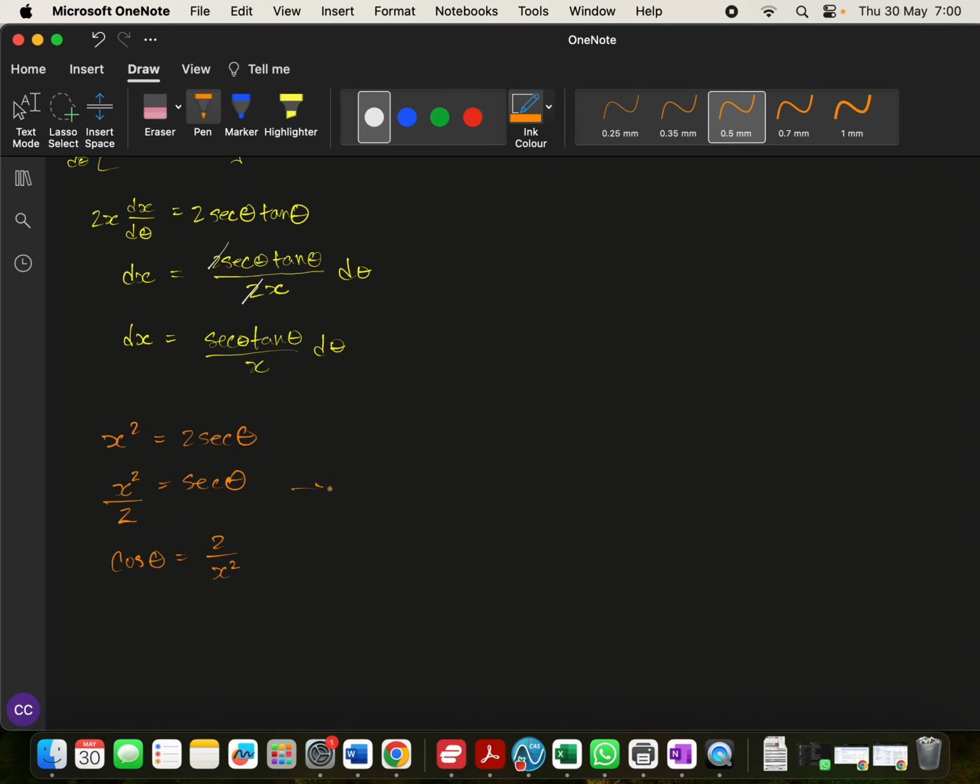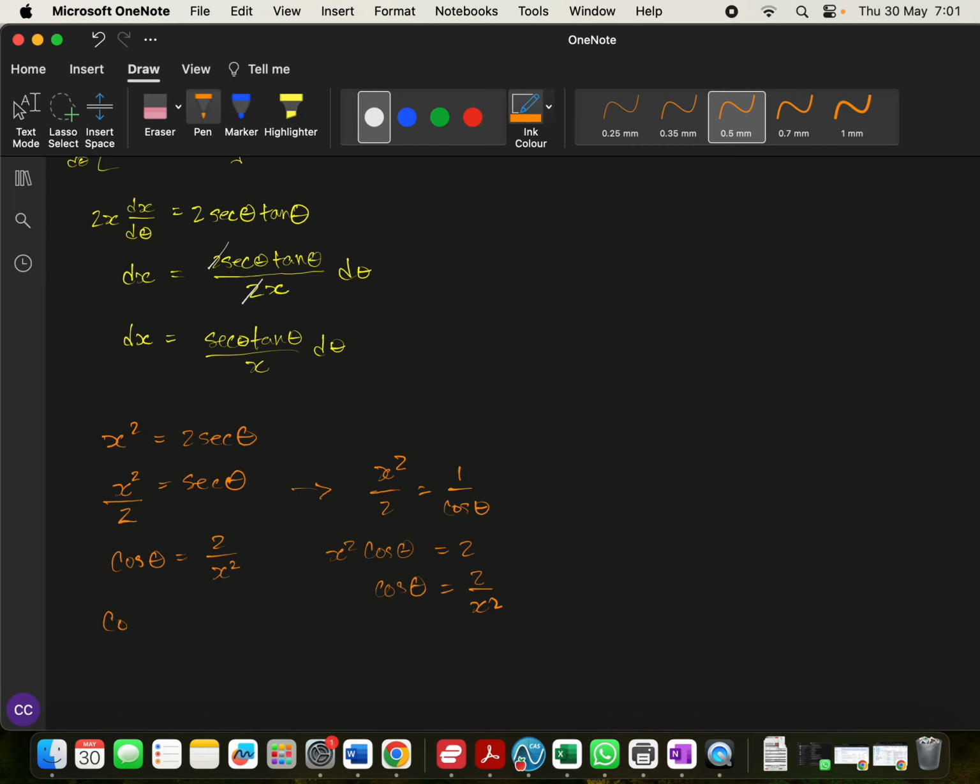because again, the reason why that happens, x squared over 2 would be 1 over cosine theta. So I would multiply by cosine theta, I get cosine theta times x squared equals 2. So cosine theta is 2 over x squared.